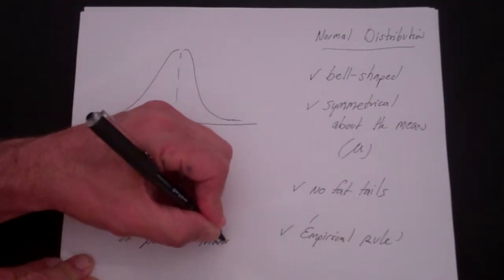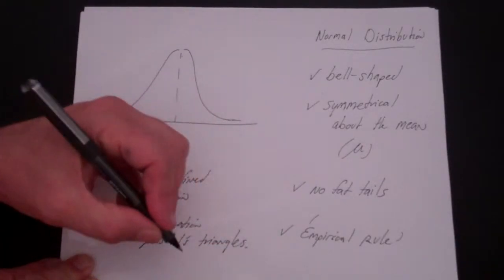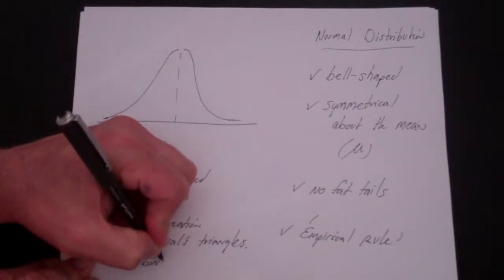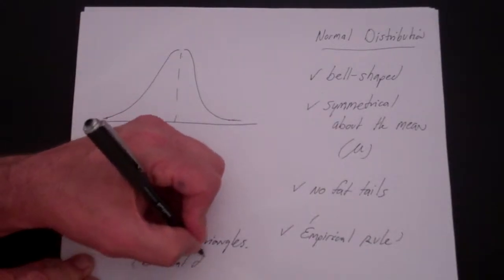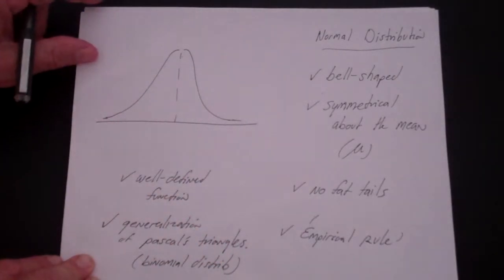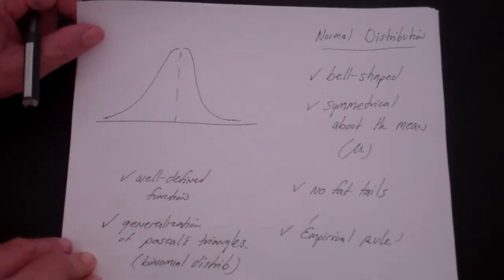Though we won't talk about that in this video, it's kind of a cool operation. And also you can think about it as a generalization of what's called the binomial distribution, if you've studied that. And you don't have to know these two in order to appreciate the normal distribution, that's true.